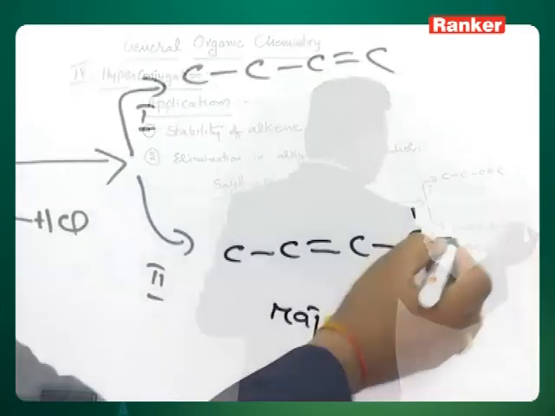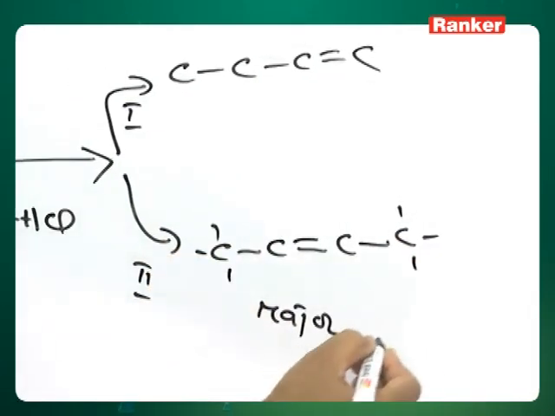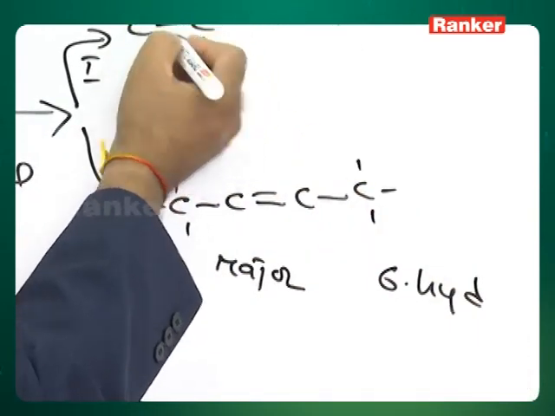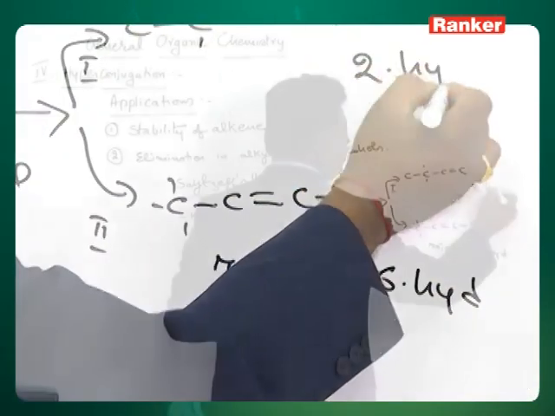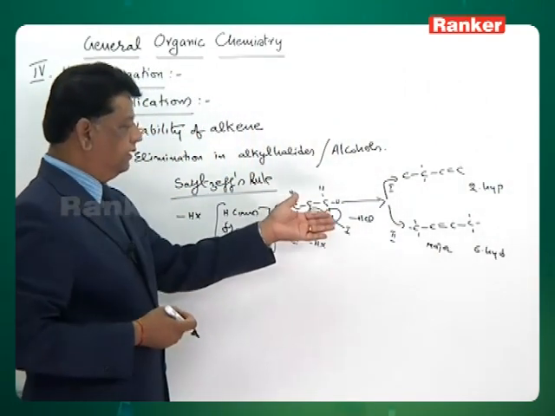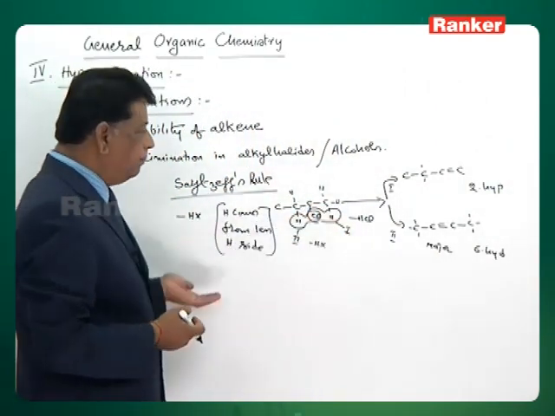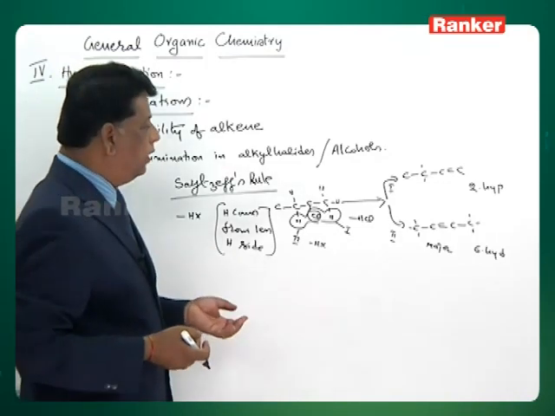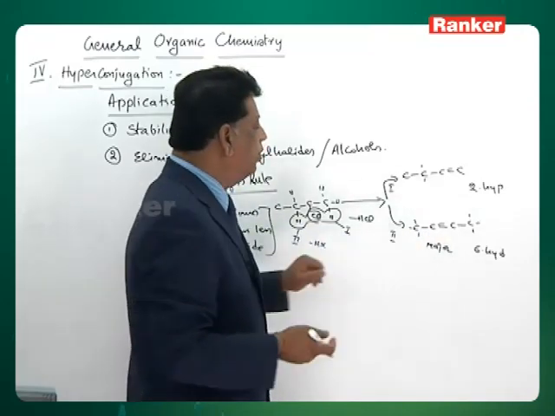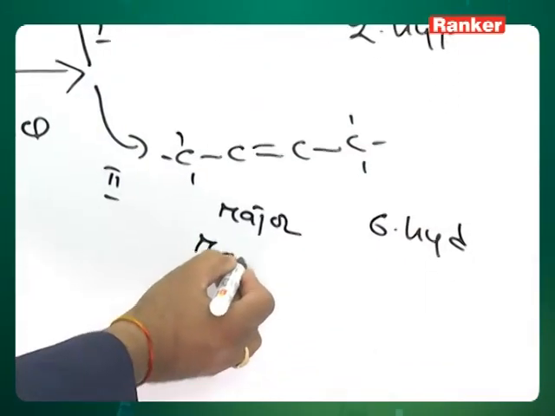In the second product there are 6 hydrogens, right? In the first product, only 2 hyperconjugations. So the rule only says which is major, the second one, but hyperconjugation says why it is major, because it has more hyperconjugable hydrogens, so it is more stable, and that is why it is formed.